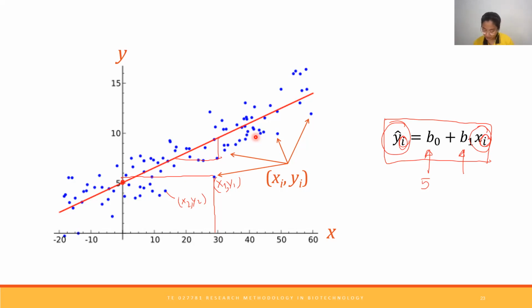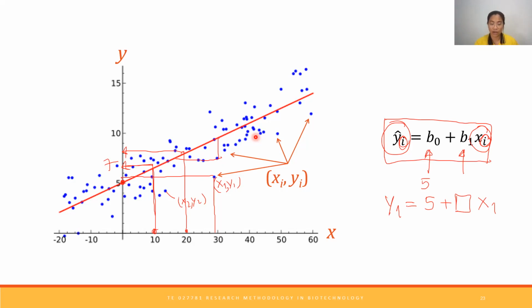So if you have y1 equal to 5 plus something times x1, and your x1 is 10, and this is the equation of the red line, your y1 would be about 7. If your x2 is at 20, your y2 will be somewhere around 8. So that's how it goes.